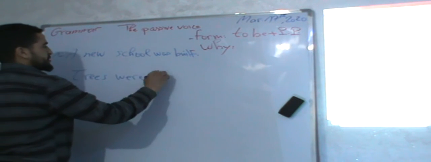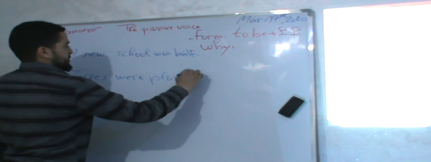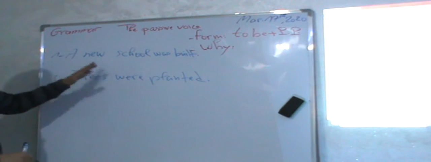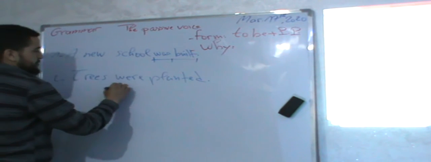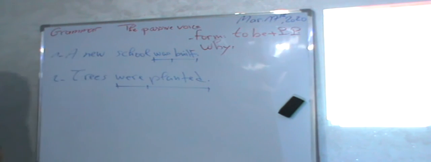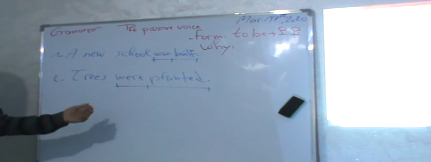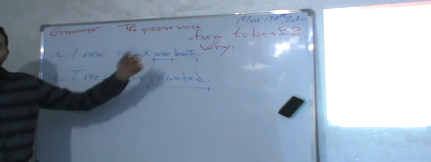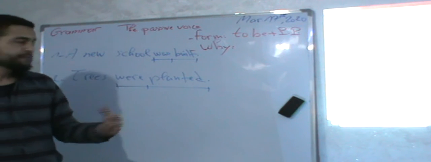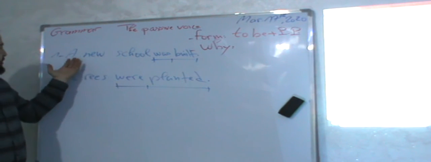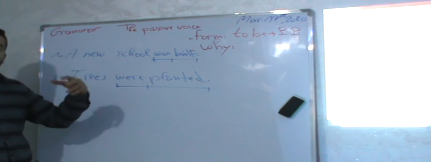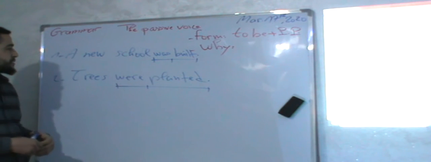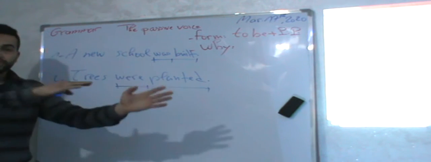As you can see here, the focus is on what's been done, not who did the action. And this is what we call the passive voice, or in Arabic al-mabni lil-majhul. In the passive voice, what's important to us is what has been done, what's been said, not who did the action.